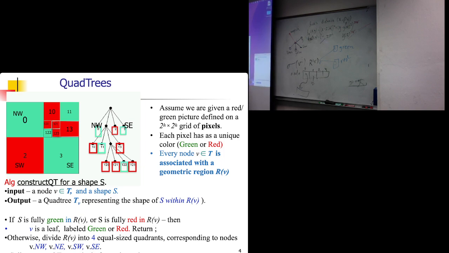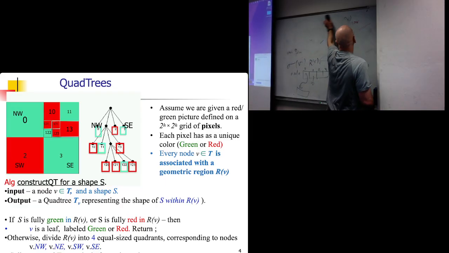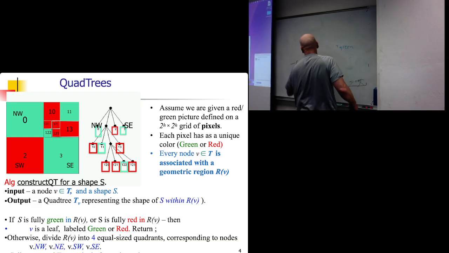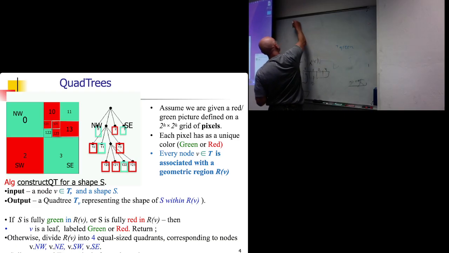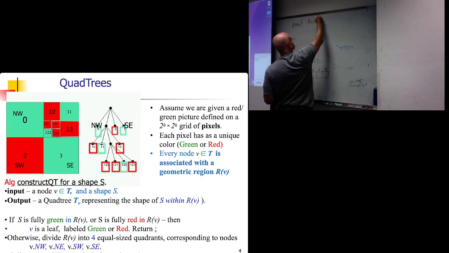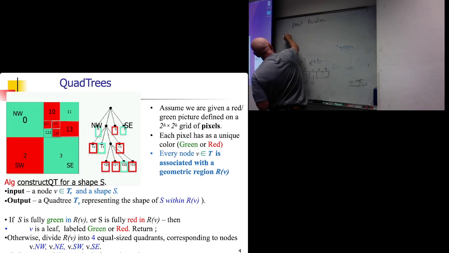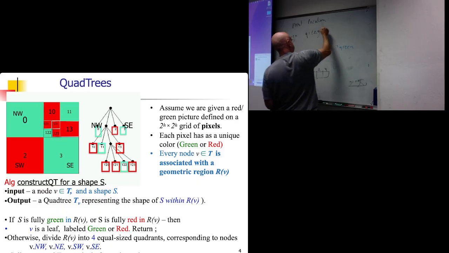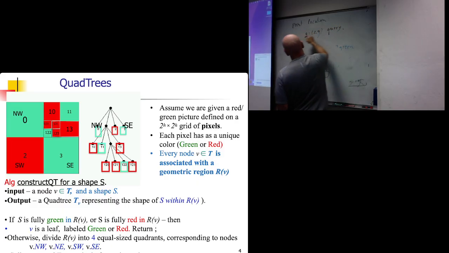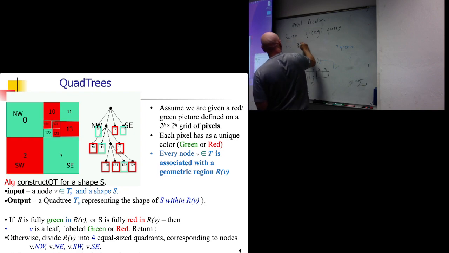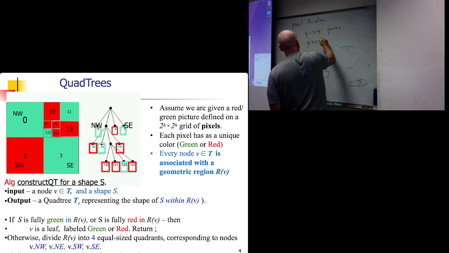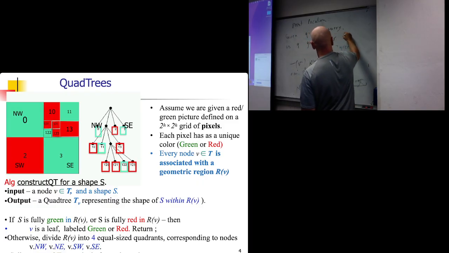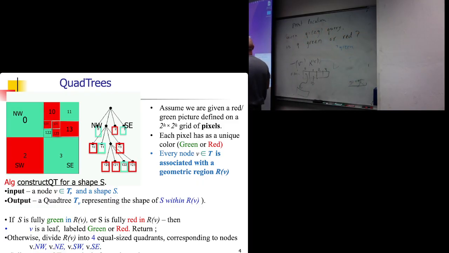How do I do point location? So let's define what point location is. Given a query point, I give you the coordinates of the query point.